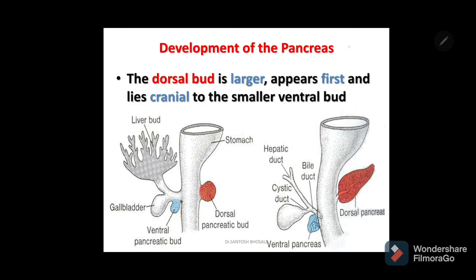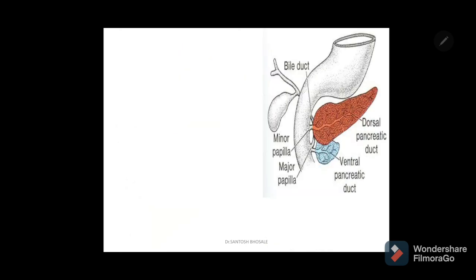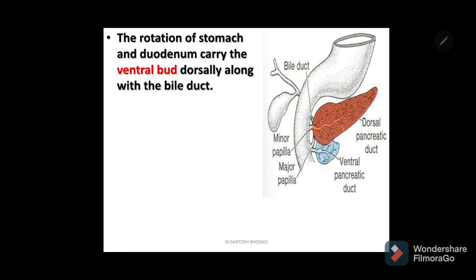And you can notice that the dorsal bud is larger, appears first, and lies cranial to the ventral pancreatic bud. The ventral pancreatic bud is smaller and lies caudal to the larger dorsal pancreatic bud.